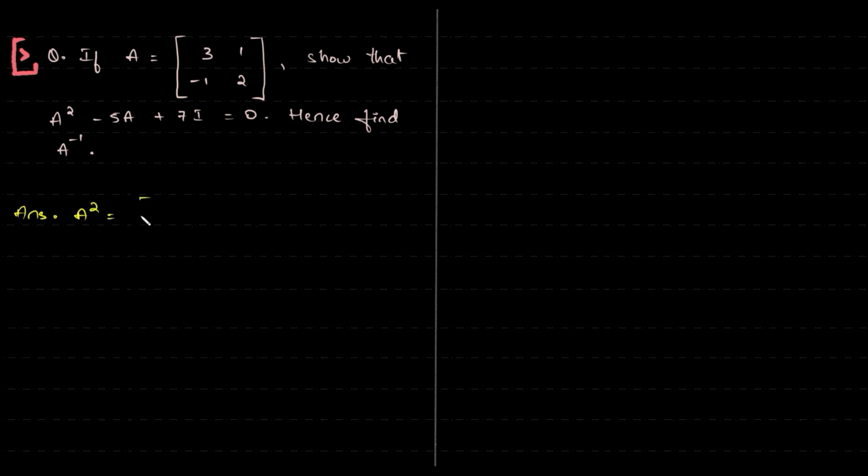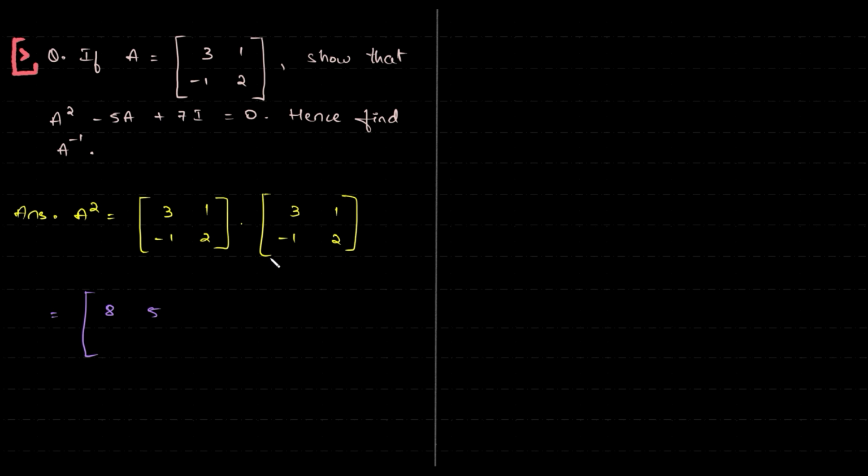So that would be 3 minus 1, 1 and 2, multiplying 3 minus 1, 1 and 2. It's a simple straightforward multiplication. 3, 9 and minus 1, this is 8. 3 and 5.